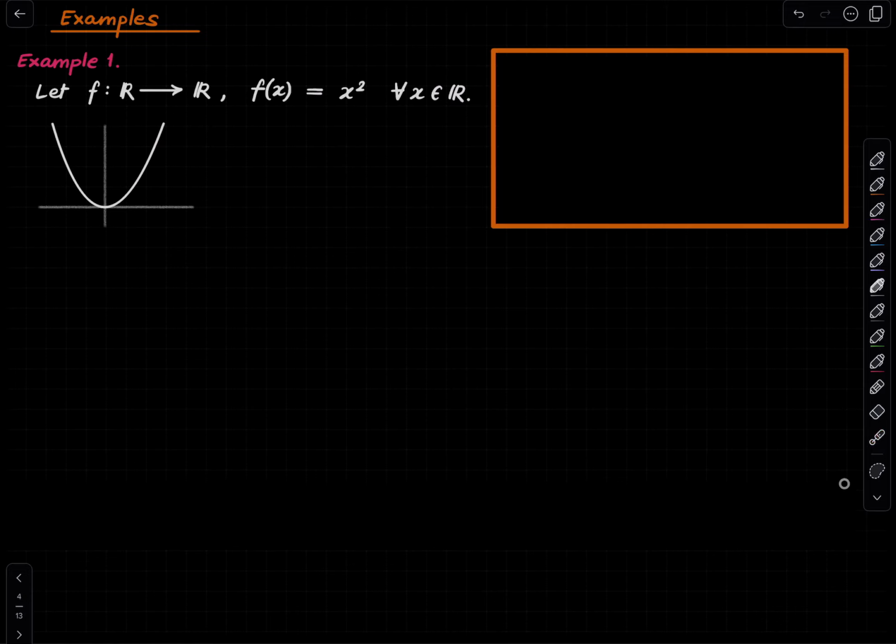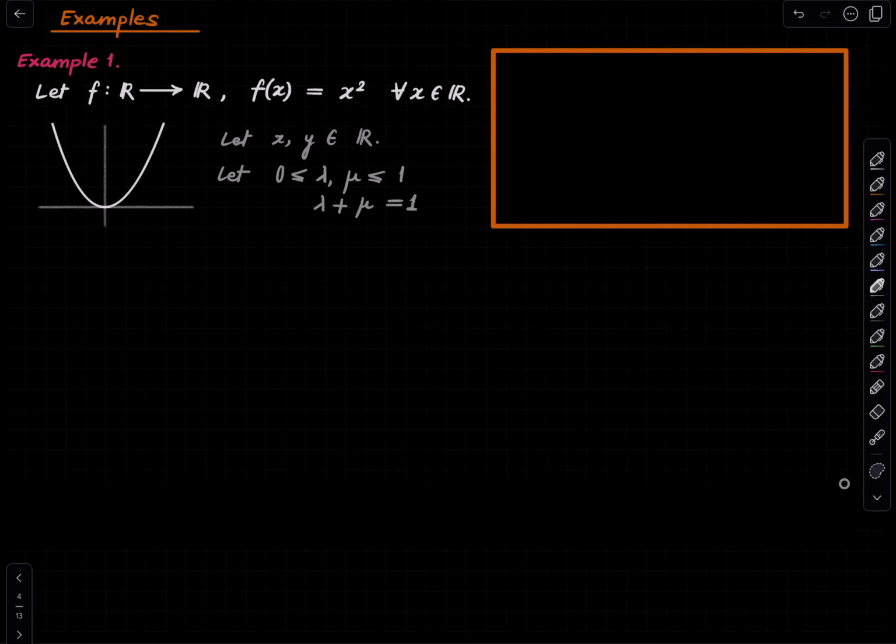So choose 2 points x and y in the domain, which is as big an interval as one gets, and also choose lambda and mu. Let's choose lambda and mu such that they sum up to 1.